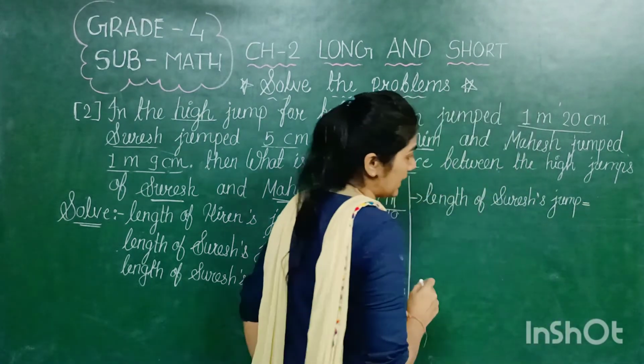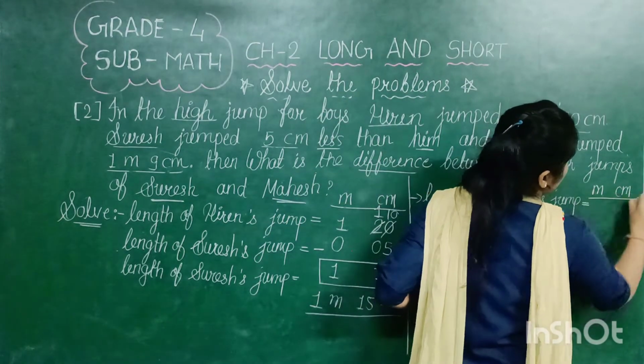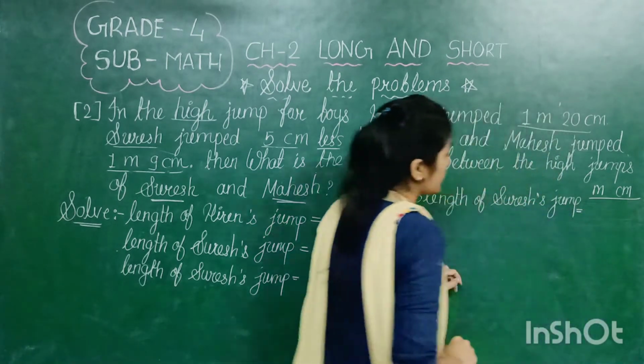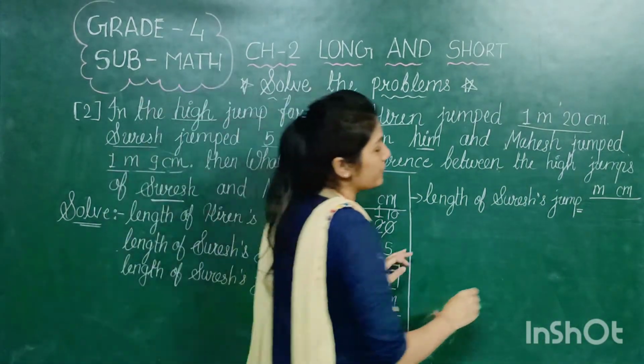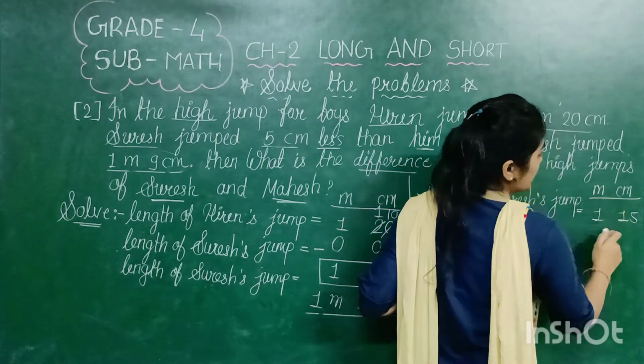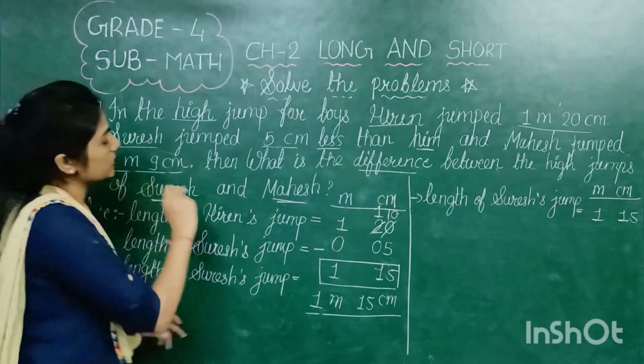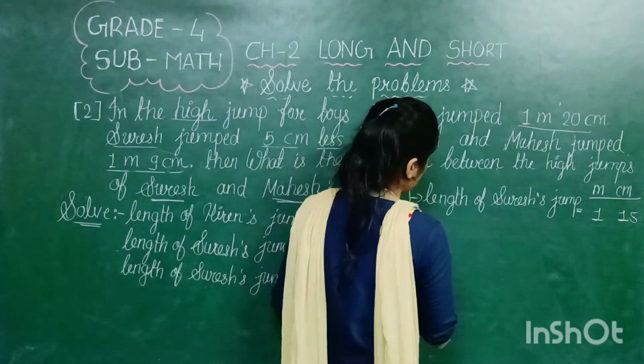In bifurcation we have to do meter and centimeter. So 1 meter and 15 centimeter we will write first. 1 meter 15 centimeter. From that we can subtract this 1 meter and 9 centimeter.